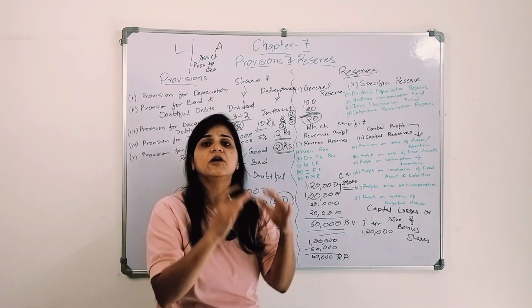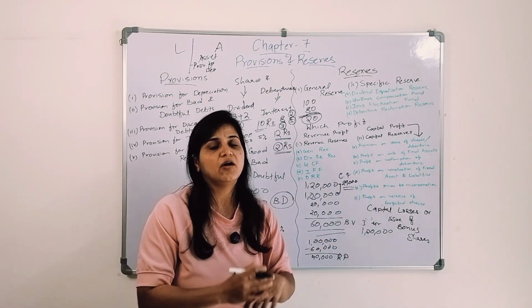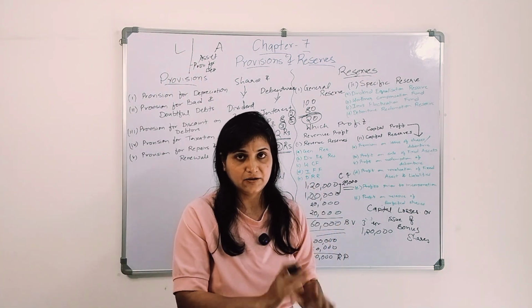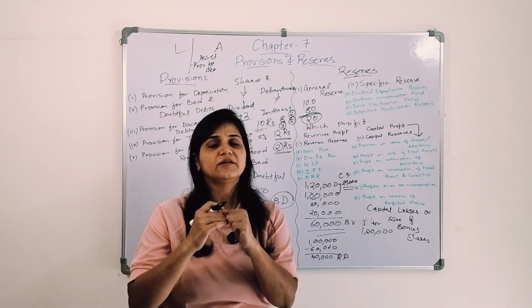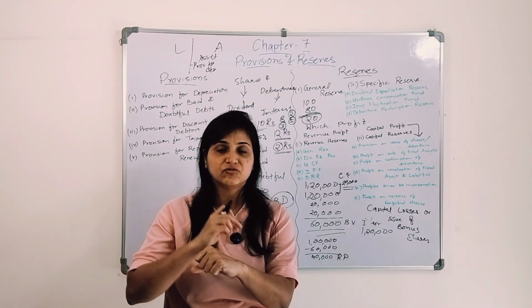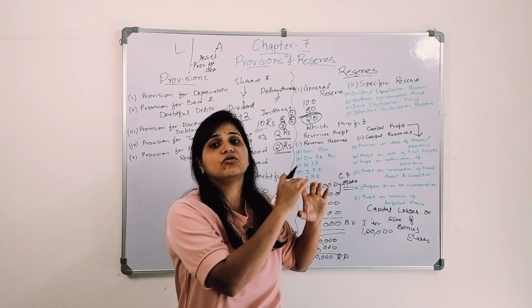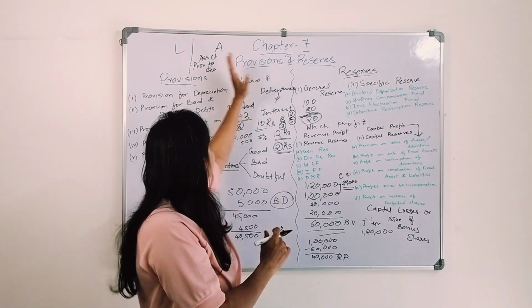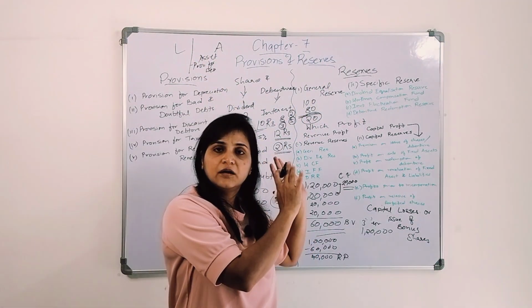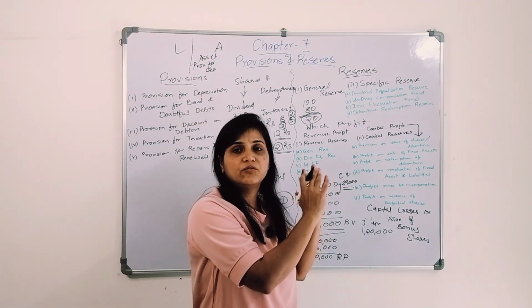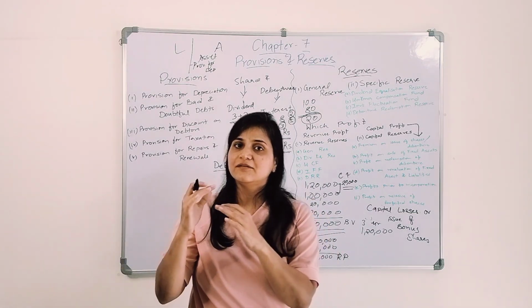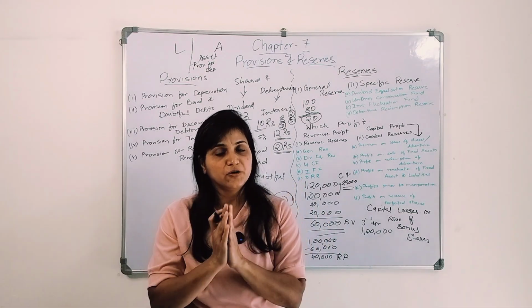Similarly, debtors also, we show at a reduced amount, or else you can show it on the liability side. After the capital amount, there is another place where you need to show the provisions and reserves. So reserves, you have to show in provisions and reserves after your capital amount, right? This is how you will show it in your books.